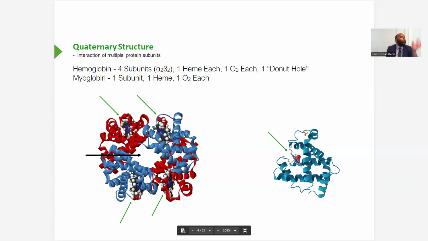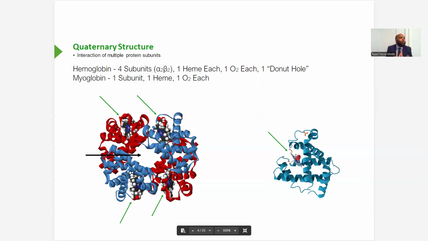We need van der Waals interactions. So we need the three of them: hydrogen bonding, van der Waals interactions, and hydrophobic interactions. And then I made it from my beta sheets and my alpha helices. Now I've made it from the second level to tertiary. Now I am myoglobin.